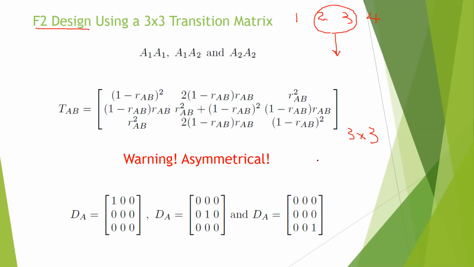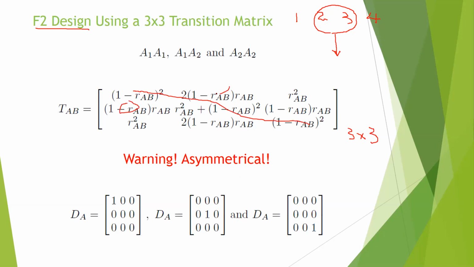But I think 4x4 is better, though this is doable. If you group genotypes 2 and 3 together into one single class, then you can create a transition matrix of 3x3. But as you can see, this matrix is no longer symmetric. So it is asymmetrical now.